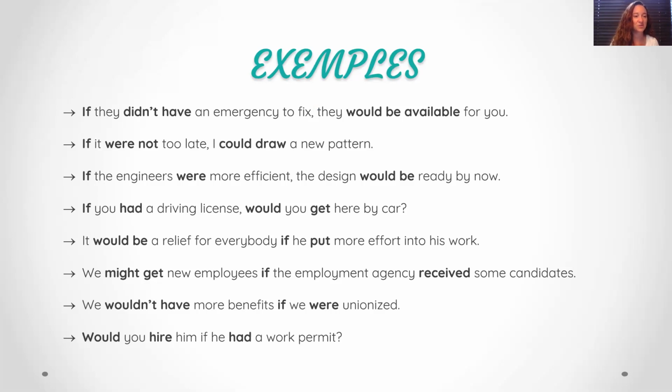As in the second example, "If it were not too late, I could draw a new pattern." So with the verb to be negative, we use only not and not didn't. "If the engineers were more efficient, the design would be ready by now."